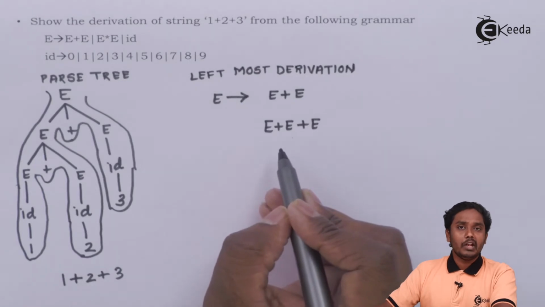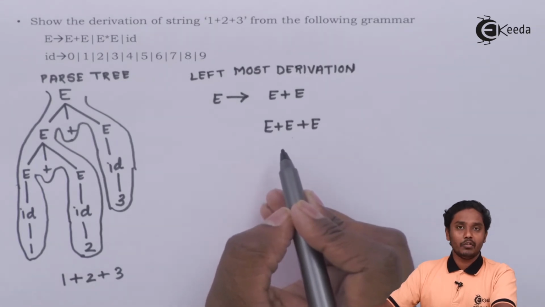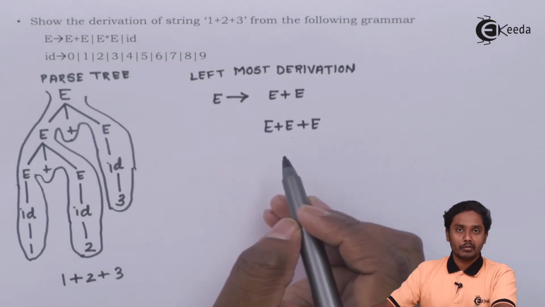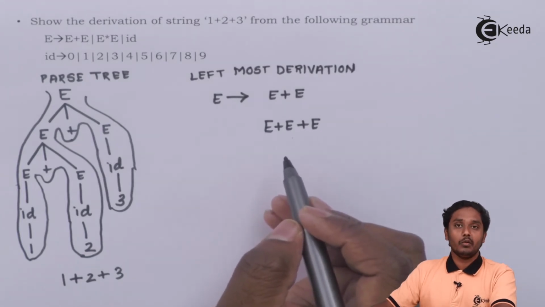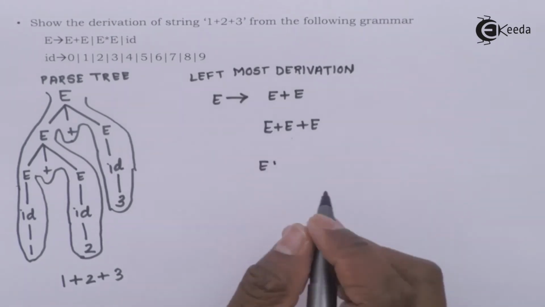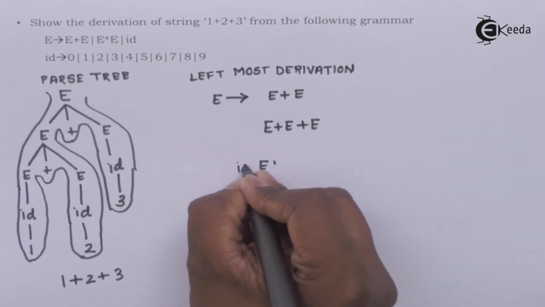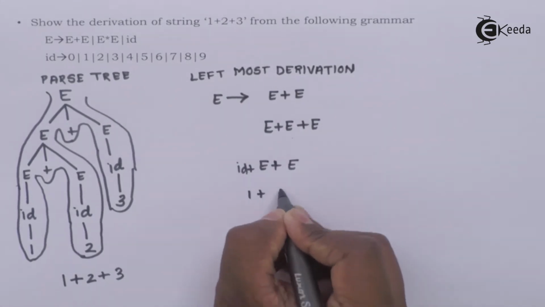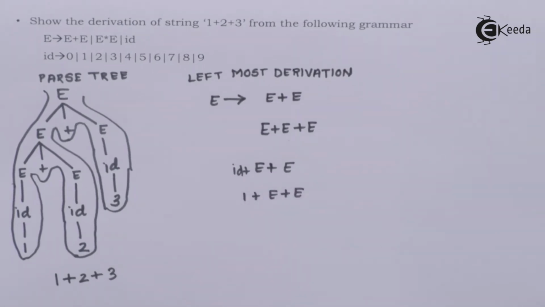Now we can repeatedly use the production E produces ID to produce the rest. Let us say we are using E produces ID on the first E because we are following the leftmost derivation. Now first ID would be replaced with 1. Now second E would be replaced with ID.